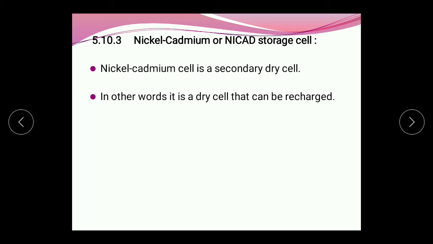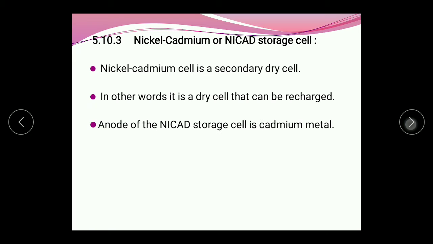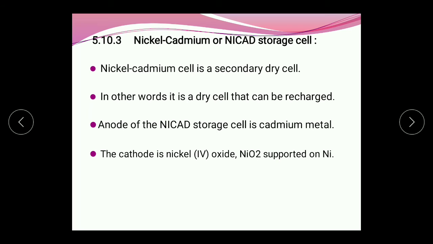So, in the NICAD cell, the anode is cadmium metal. The anode of the NICAD storage cell is pure cadmium metal. A strip or rod is used as anode, and the cathode is nickel oxide, that is NiO2, which is supported on nickel.